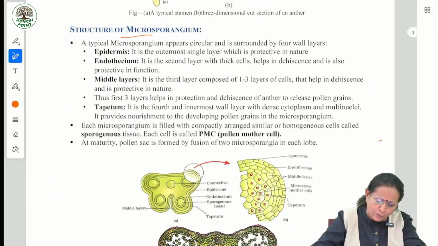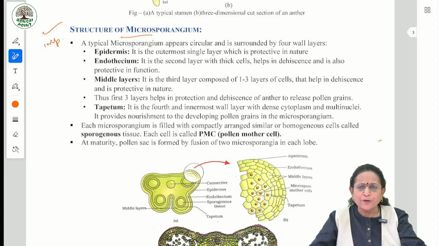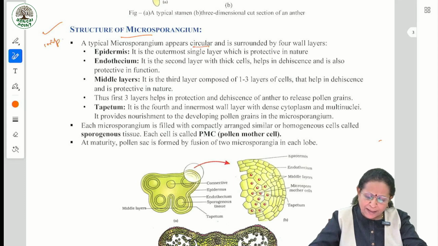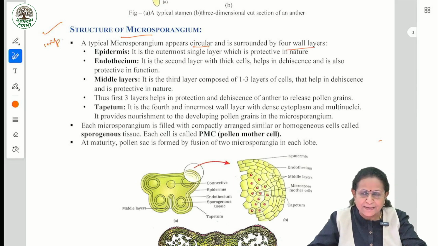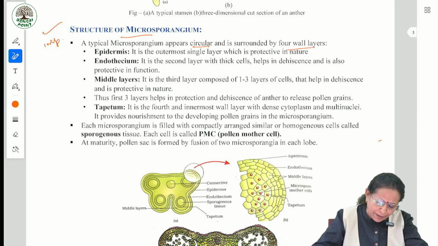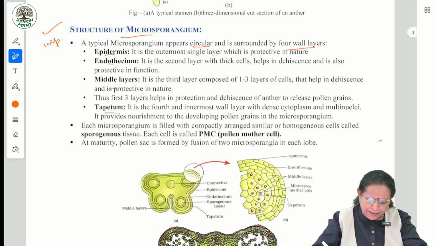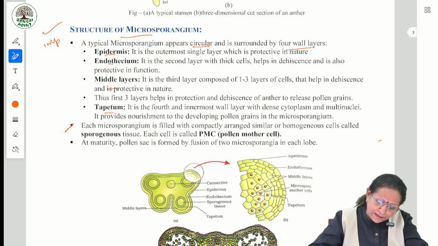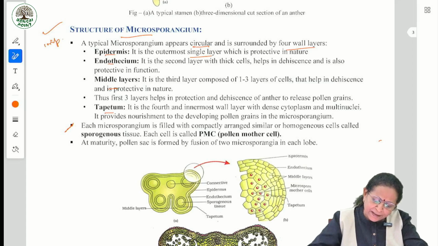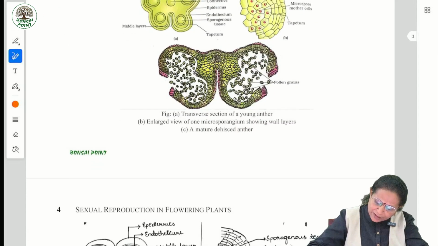Structure of microsporangium, this is also a very important question. A typical microsporangium appears circular and is surrounded by 4 wall layers: epidermis, endothecium, middle layers and tapetum. Okay. Epidermis is the outermost layer, that is a single layer which is protective in nature.